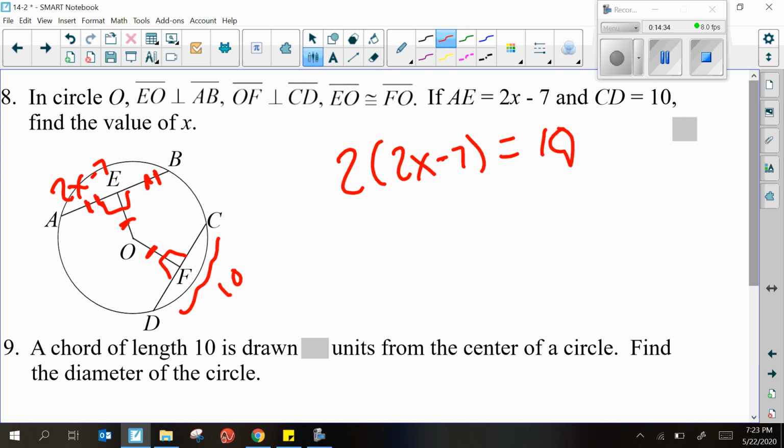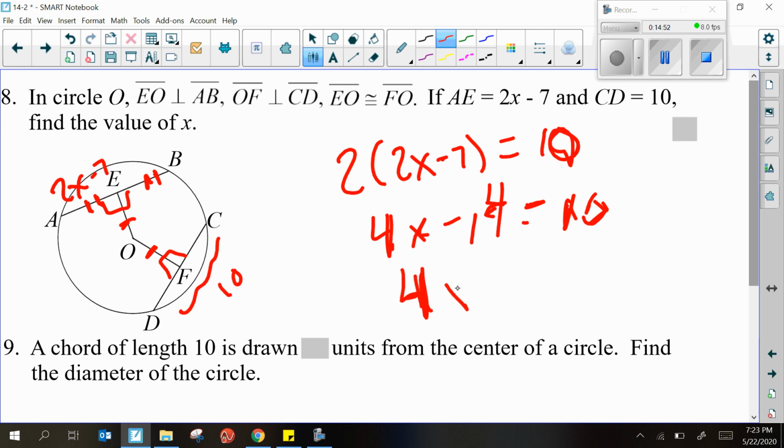So I'm putting together 2 different theorems that we learned in the previous lesson. So I have 4x minus 14. Or maybe you decide to divide by 2 first. Either way is fine. Add 14. So 4x equals 24. Divide by 4. X is 6.